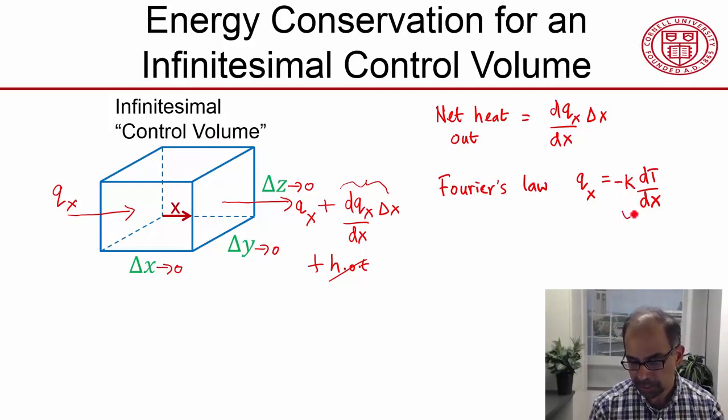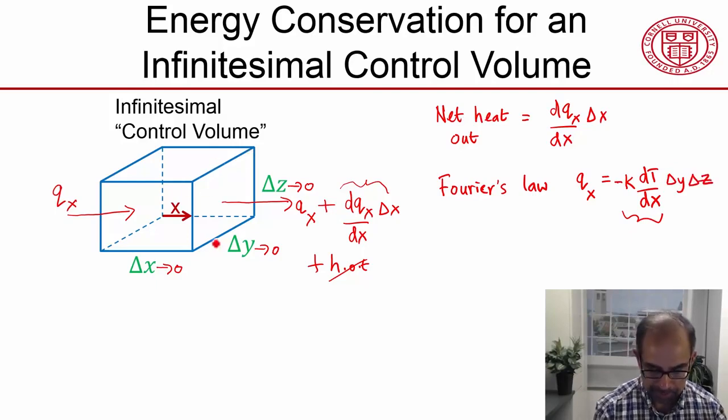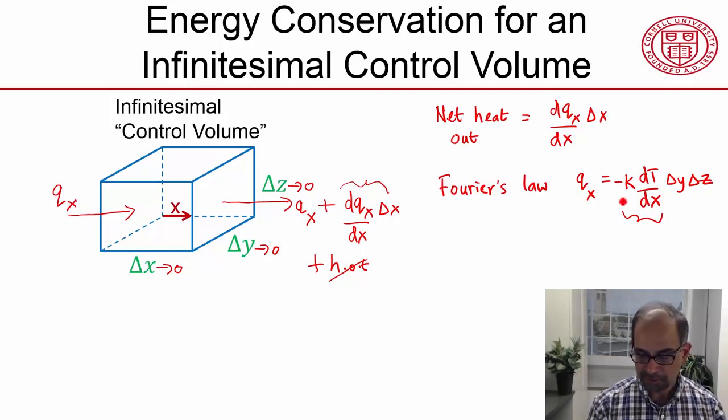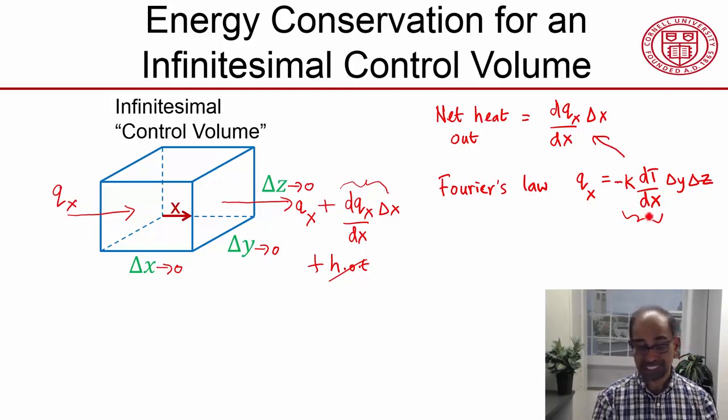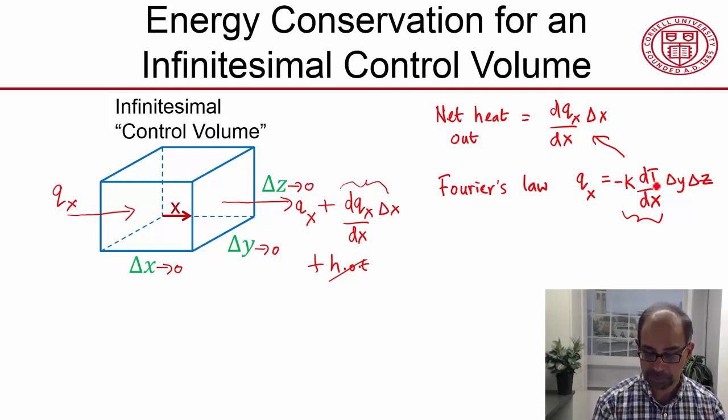This term gives me heat flow per unit area, so I need to multiply it by the area of the face, which is delta y delta z. That gives the net heat flow through any face. Now if I substitute that back in here, I'll get the net heat flow out in terms of the temperature. But one thing to note is, when I substitute it back, I have to differentiate this, so I'm going to get a second derivative of the temperature.